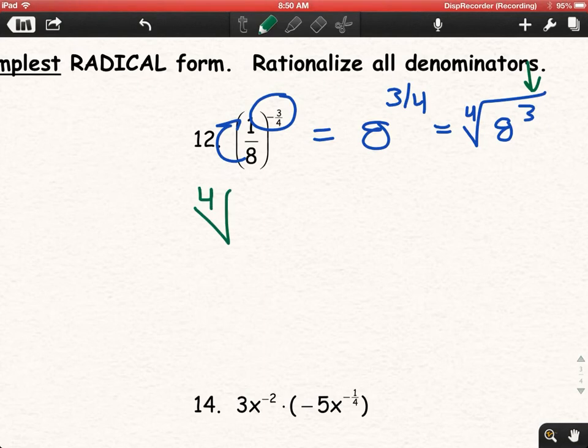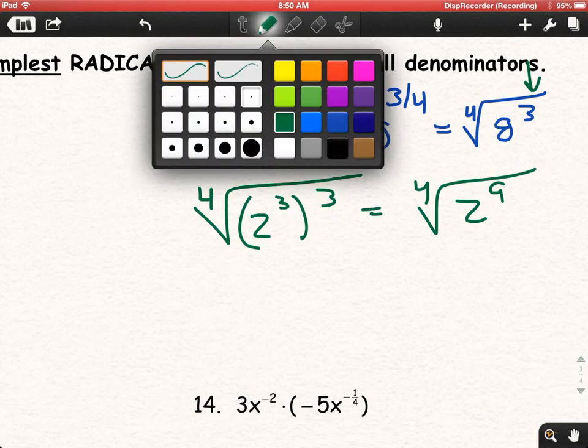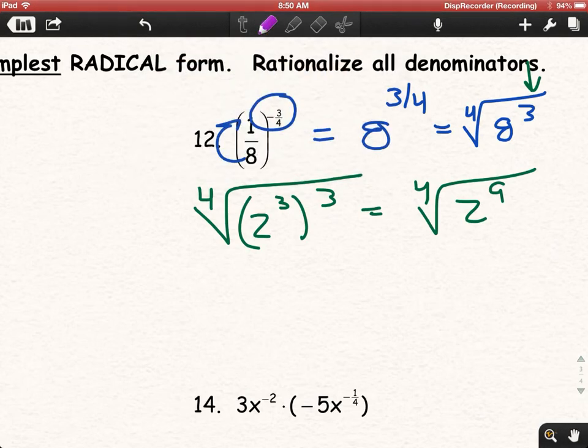So what I really have is the 4th root of 2 cubed, cubed. 8 is 2 cubed. And so this is the 4th root of 2 to the 9th power. And I'm looking for groups of 4. And so I can actually take 2 2's out, and that'll be 4 4th root of 2.